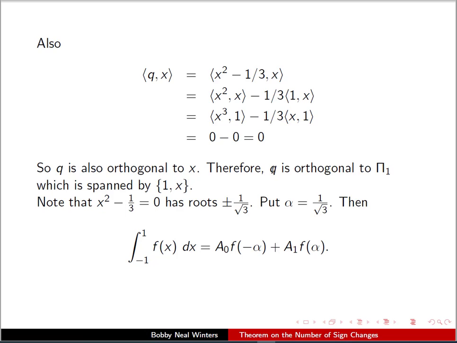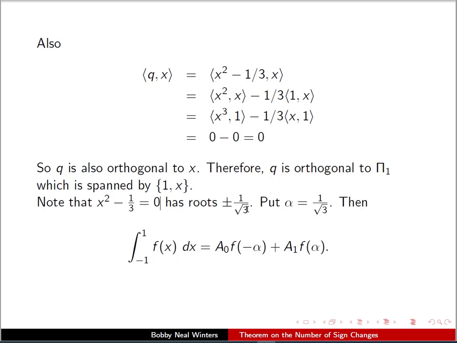Okay, so therefore I can say that q is orthogonal to pi 1, which is spanned by 1 and x. Now note that x squared minus 1/3 is 0. Set that equal to 0.